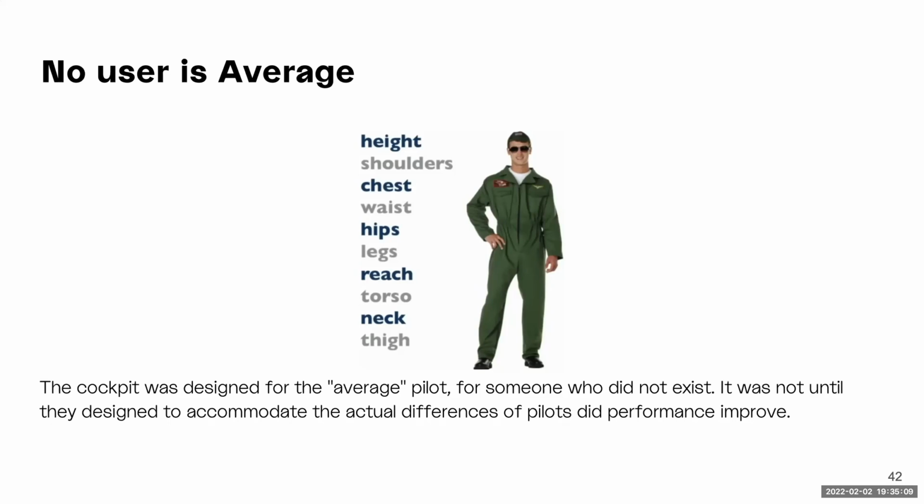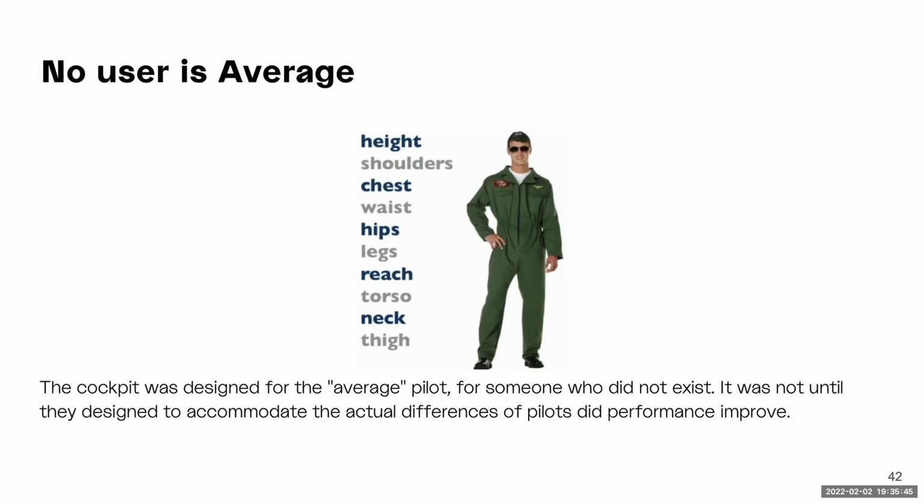The cockpit was never suitable for any of the pilots, because everyone is different in height, shoulder size, and chest size, and even if they are similar in those first three, they will never be similar in the next eight, ten, or twenty criteria that we need to think about when we decide which user will use our product.